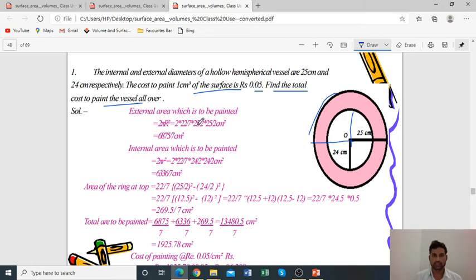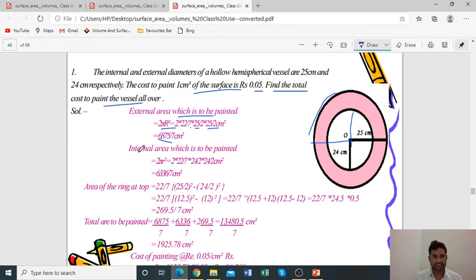First we convert to radius, 25 divided by 2. So the external area to be painted is 2πr², which is 2 × 22/7 × 25/2 × 25/2 square centimeters. So the external area is 6,875/7 square centimeters.